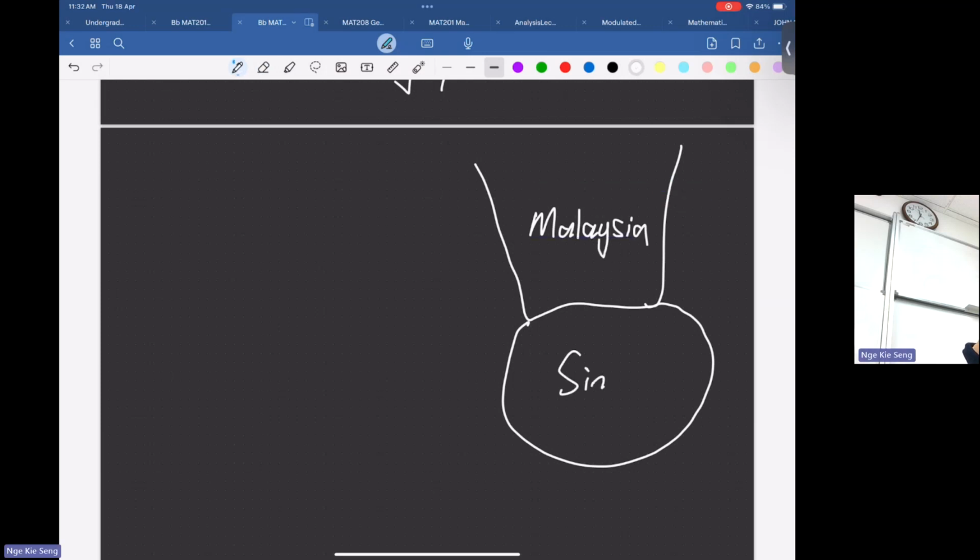Here is Singapore. So I claim that this green line here is the boundary. Why is it a boundary? If you stand on the boundary, you step a little bit to the top is Malaysia, you step a little bit to the bottom is Singapore.